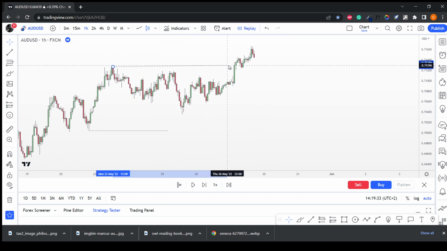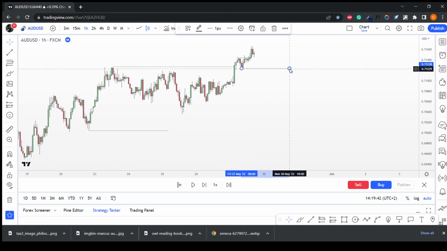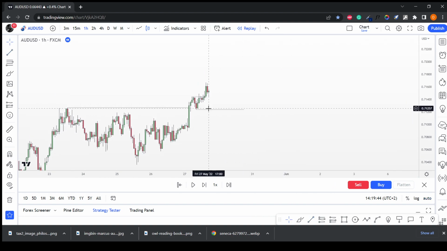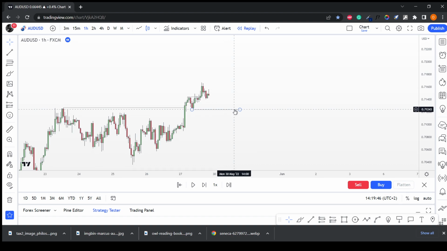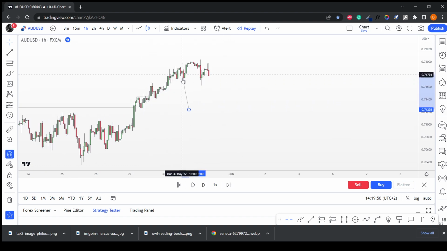So you see, price continued to be bullish. We had this break, then one more, and now if we want to be more confident in the bearish side, we need to see this break. So nothing broke, it's still bullish. It's bullish from here.